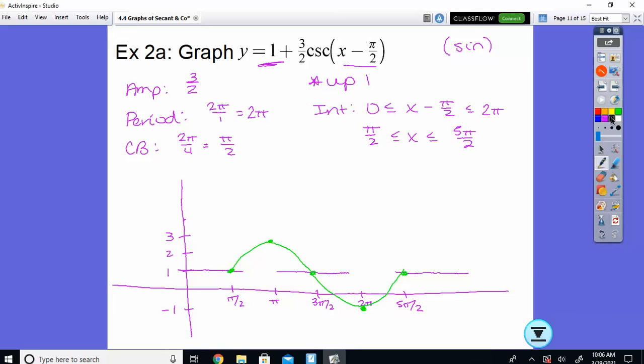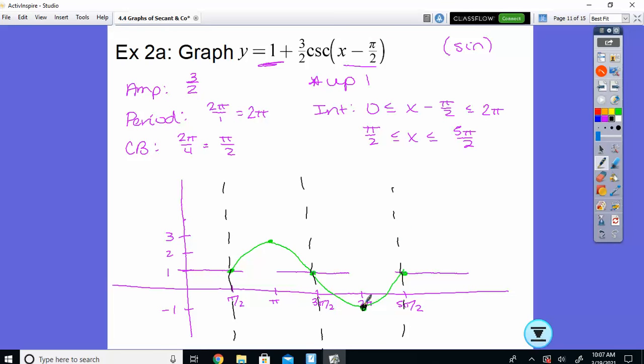But from here, we know where I will have asymptotes. Everywhere that you were on your 0 line, which was at 1 this time, I have a vertical asymptote. Pi over 2, 3 pi over 2, and 5 pi over 2.